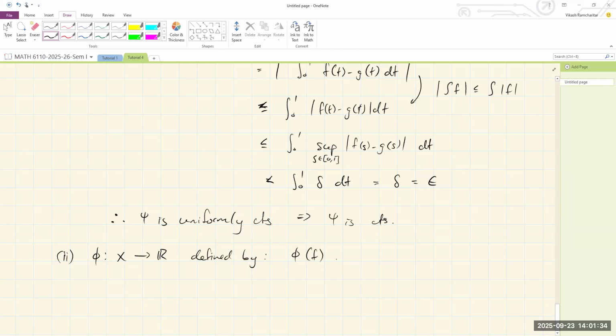It takes a continuous function f, and all it does is evaluate f at some fixed value lambda in [0, 1]. So it basically takes all these functions and just works out what the value is at this fixed point lambda.